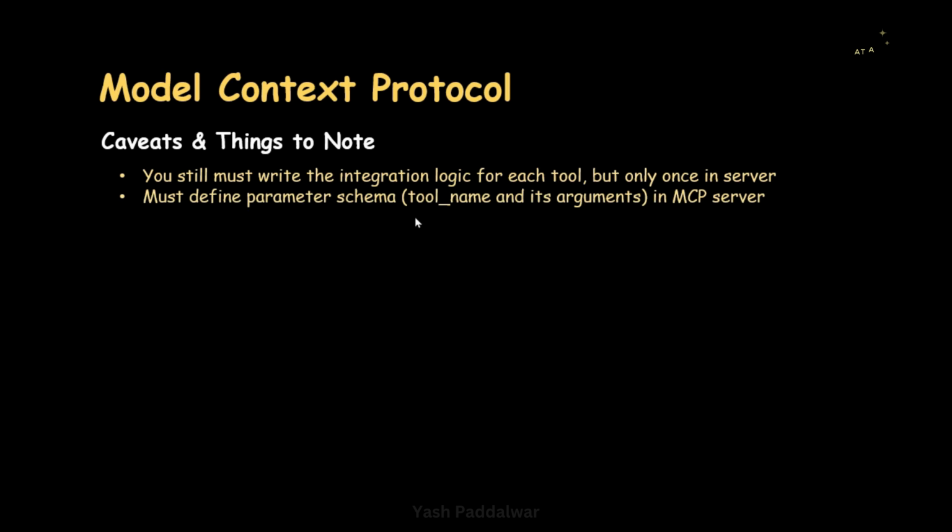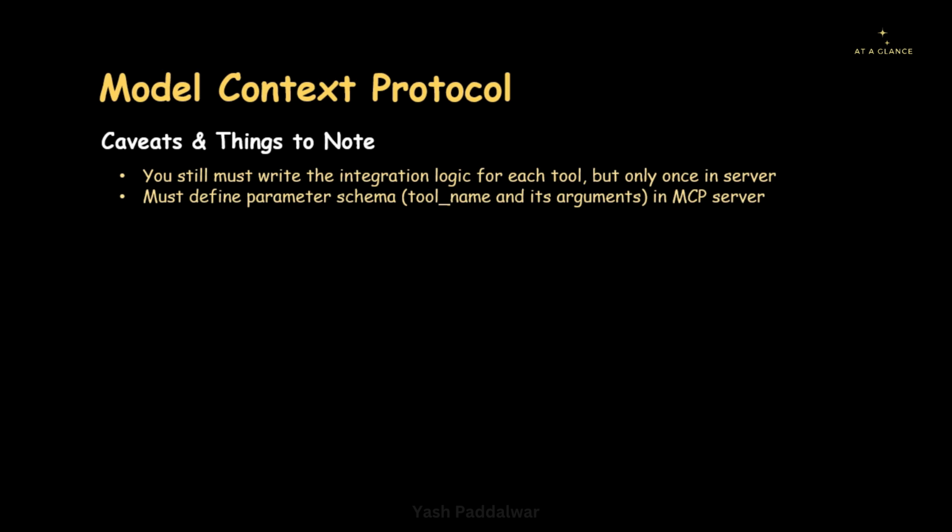You must define the parameter schema, tool name, and its arguments in the MCP server. This is very important because the LLM at runtime will have access to this argument list and the description you define inside the function as a docstring. It will read that and accordingly call the tool.